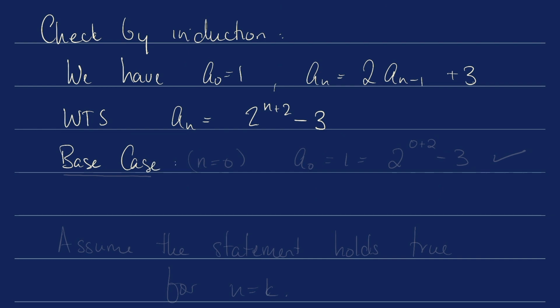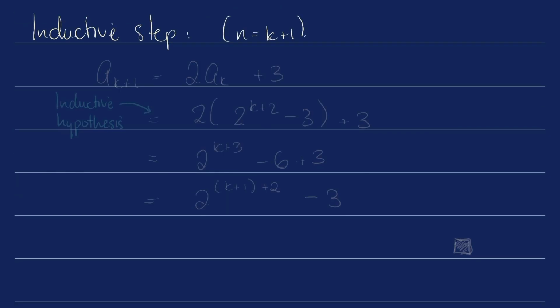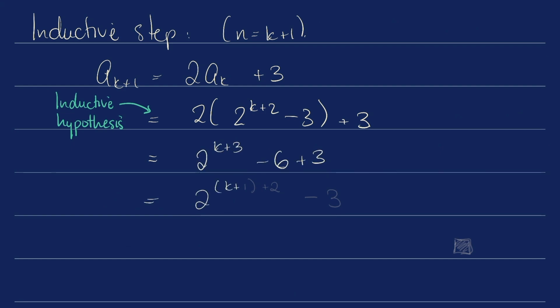Our base case is the n = 0 case, and we see that a_0, which is equal to 1, is indeed equal to 2^(0+2) - 3. We're going to assume the statement holds true for n = k, and then do the inductive step. a_{k+1} = 2a_k + 3. We apply the inductive hypothesis, work out the algebra, and we get that a_{k+1} = 2^(k+1+2) - 3. And that proves our statement.